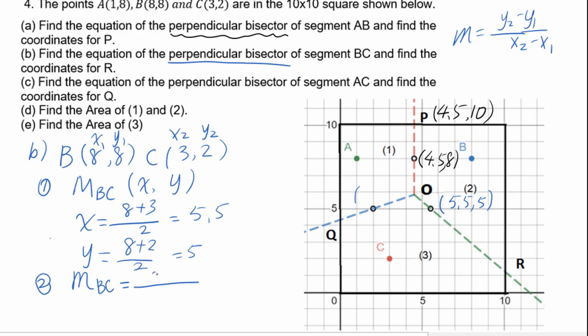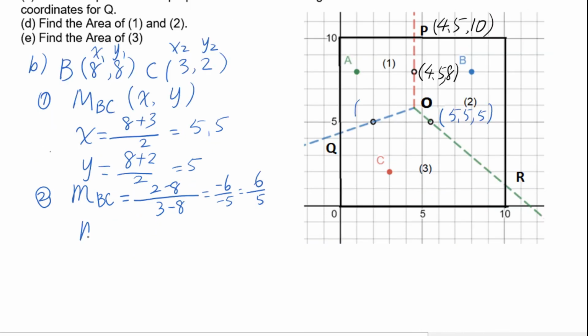So you have (2 minus 8) over (3 minus 8). You will get -6 over -5 equals 6 over 5. Therefore, the slope of a perpendicular line of BC, you will get -5 over 6.